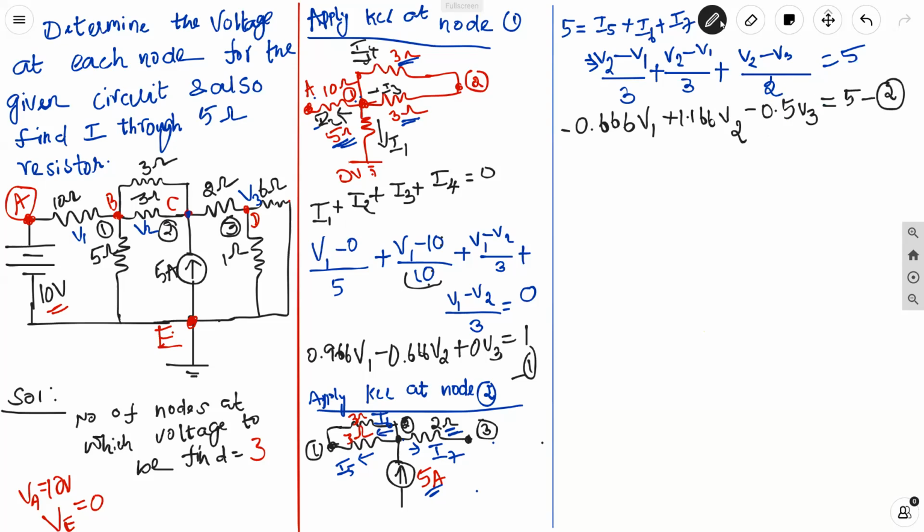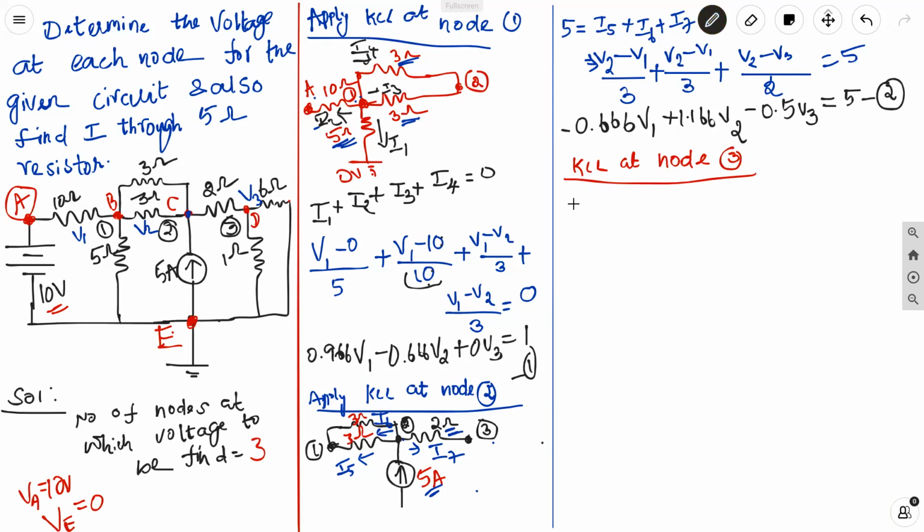Now, likewise, you apply KCL at node 3. I'll give the answer straight away. You all try by yourself and verify. After you apply the KCL at node 3, you get this equation.